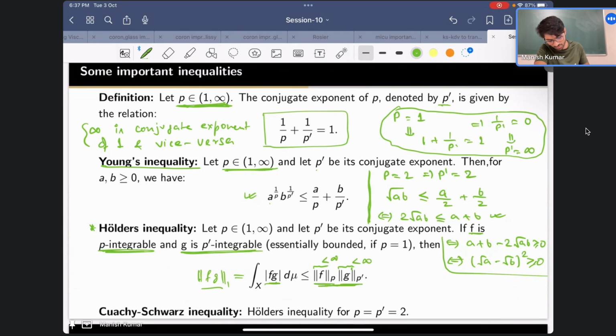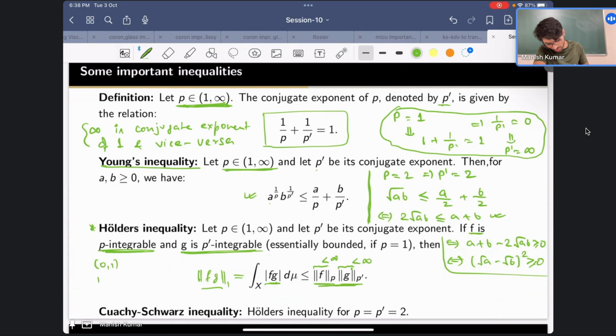For example, suppose we are in the interval 0 to 1.